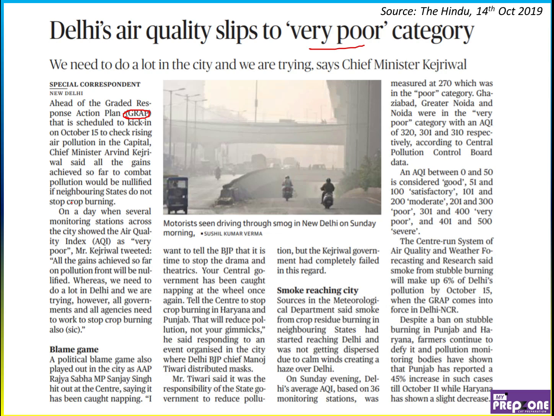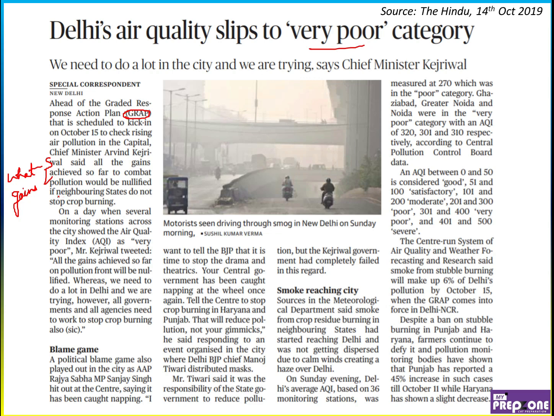So, Chief Minister Arvind Kejriwal said all the gains achieved so far to combat pollution will be nullified if neighboring states do not stop crop burning. Now, he says that all the gains that have been achieved so far to combat air pollution. So, your question should be what are the gains? Maybe there were some measures that were employed by the government of Delhi, and the government of Delhi was subsequently successful in bringing the pollution down.